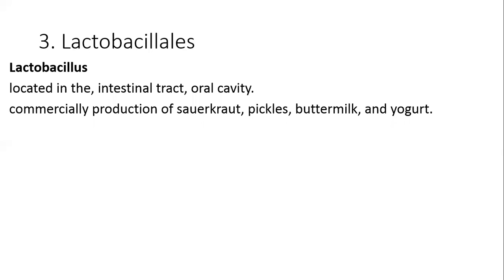right? So they are used as starter cultures for these fermentation processes, and the products are mentioned here. These are a few products. There are a lot more products, right?